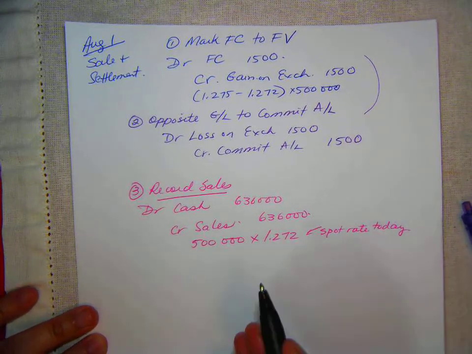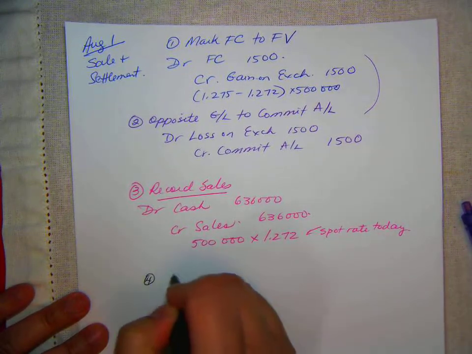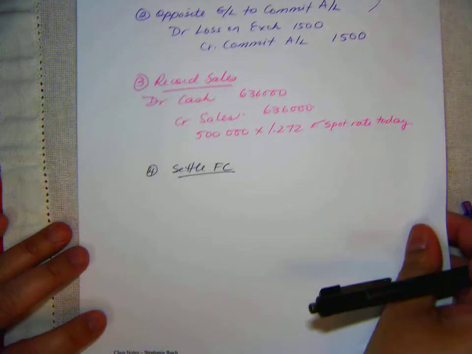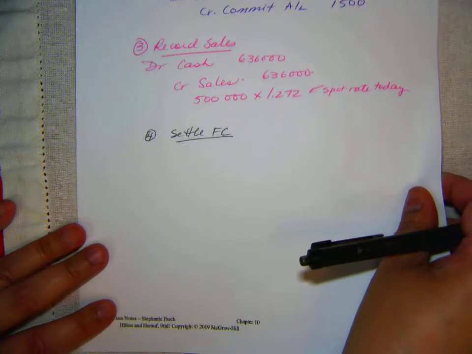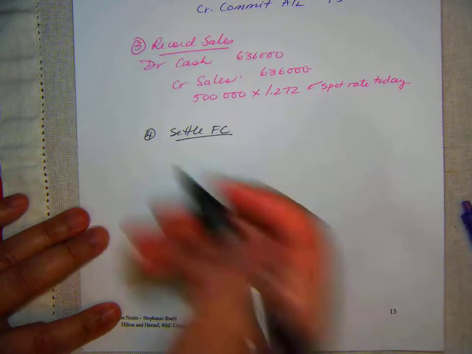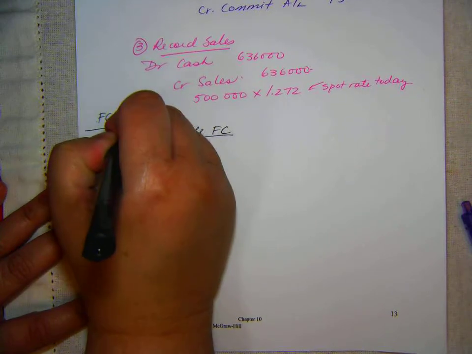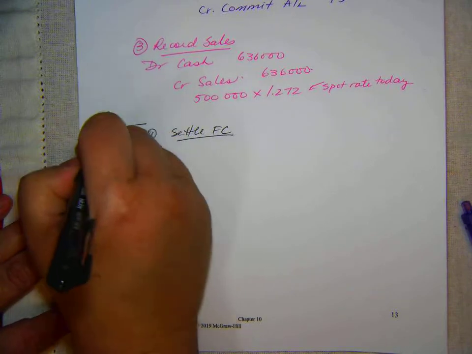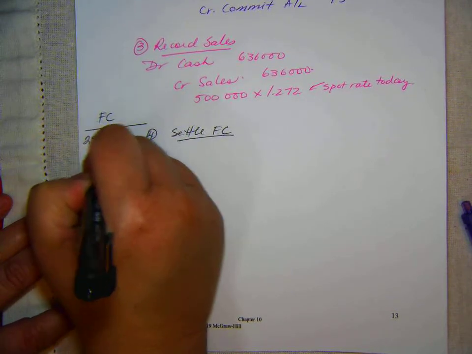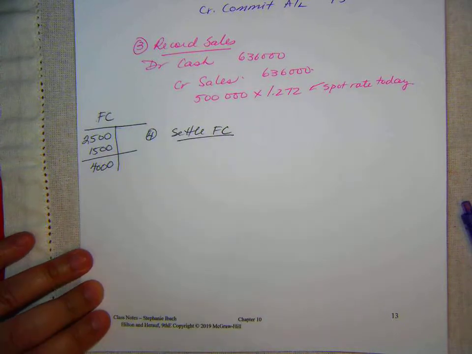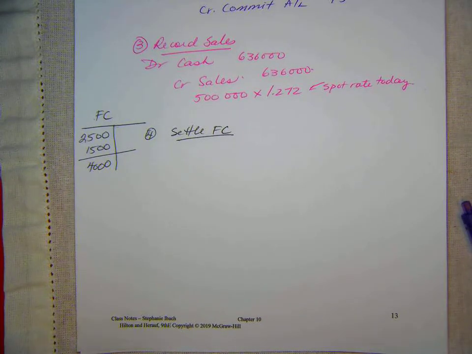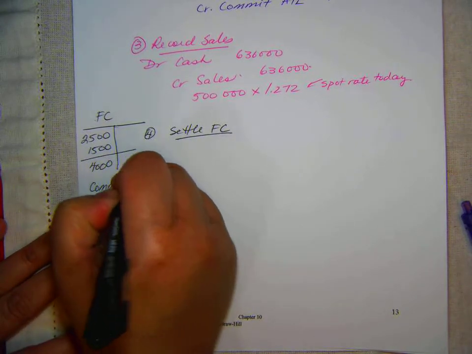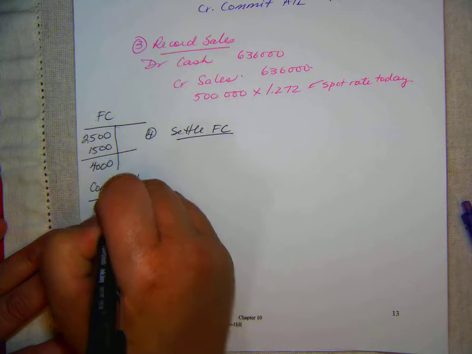And finally, we can settle the forward contract. So, just a reminder, our forward contract had 2,500 in it, and then 1,500, so it's sitting at 4,000. And now we're not so concerned about the OCI because there is no OCI account, but we do have a commitment asset liability we care about.